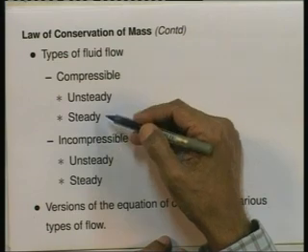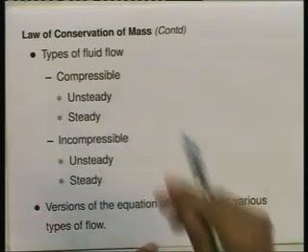What do we mean by a steady flow? A steady flow means the parameters of interest to us do not change with respect to time. What are the parameters of interest to us? If it is a fluid flow heat transfer problem, say water flowing in a pipe, typically the parameters of interest to us are the pressure of the water, the velocity of the water.